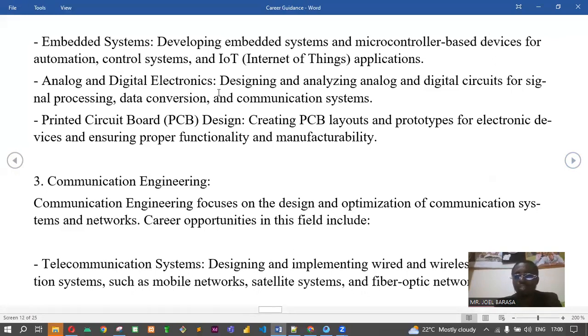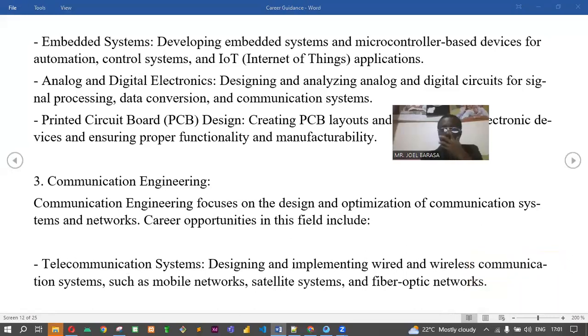Analog and digital electronics, printed circuit boards or PCBs, and so on. Communication industries, you can also fit into a communication industry through telecommunication systems, development of solar systems, developments of mobile networks, satellite system establishment, fiber optics networking. Then I talked about establishment of these boosters and satellites.